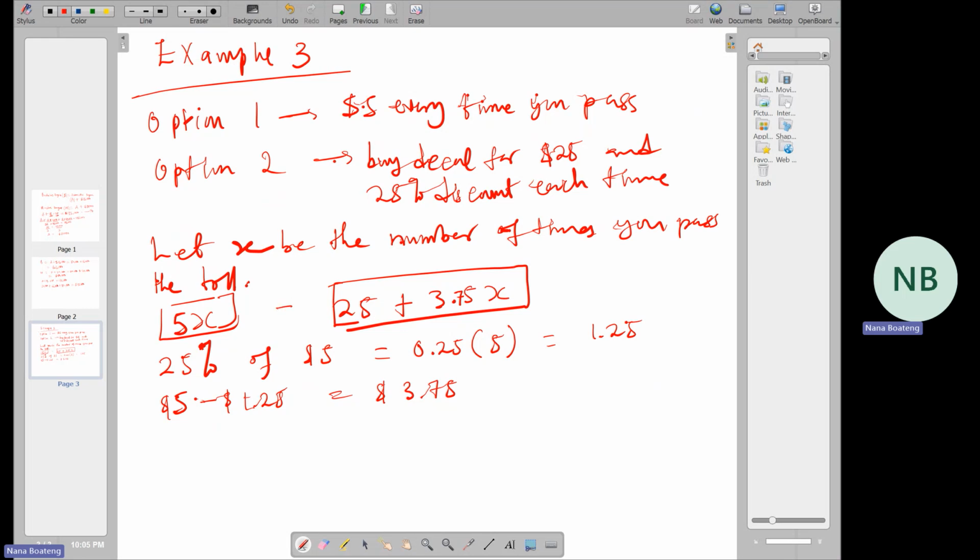So at what point is option 1 equal to option 2? All right, so at what point is 5x equal to 25 plus 3.75x?